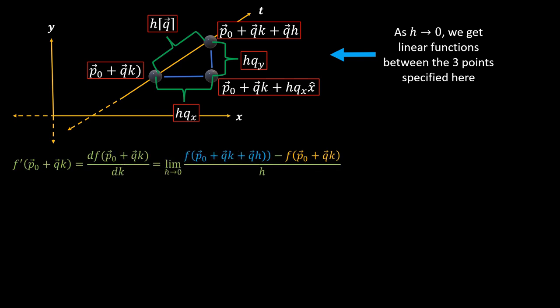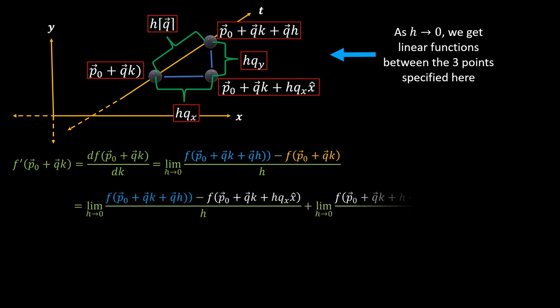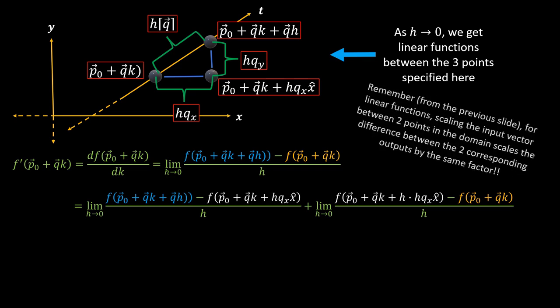So we have f prime of p naught plus qk is equal to the limit, that limit right there, as h approaches 0, as you could see in the diagram. Then we get that stuff. We could actually decompose it like that.